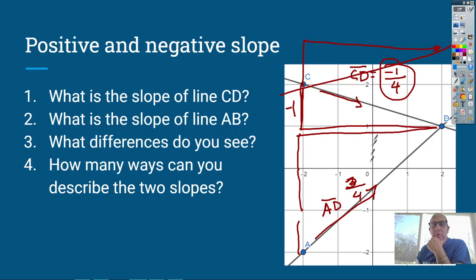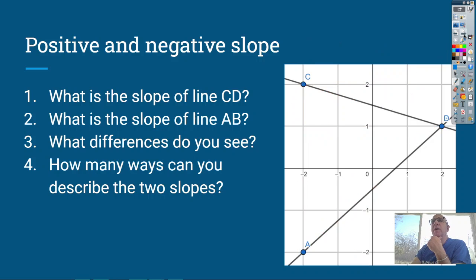So slope of CD is negative 1 over 4, and the slope of AD is positive 3 over 4. Okay. So we have a slope going up and a slope going down. We have a positive slope and a negative slope. We have all kinds of strange things.